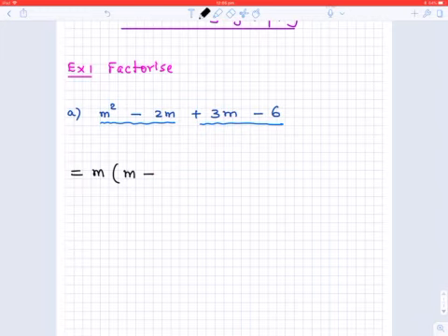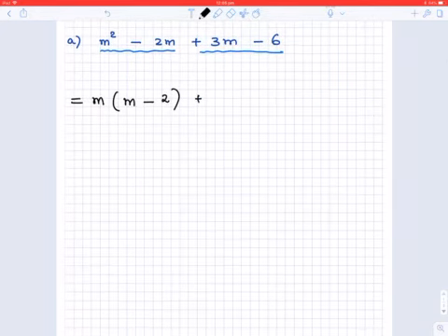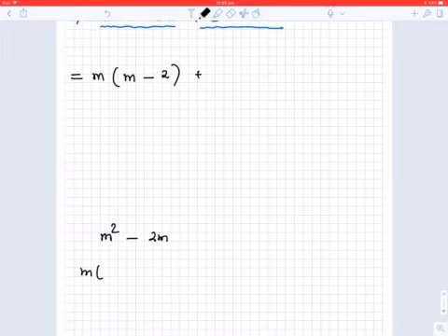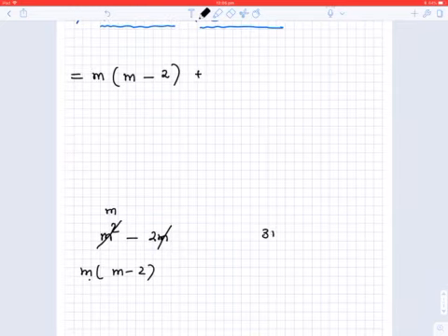Then in 2m, I've taken m out, leaving 2. Maybe you can see that here: m goes into both, m goes into m square m times, and m goes into 2m leaving 2, so we get m minus 2. So that's why I got that.